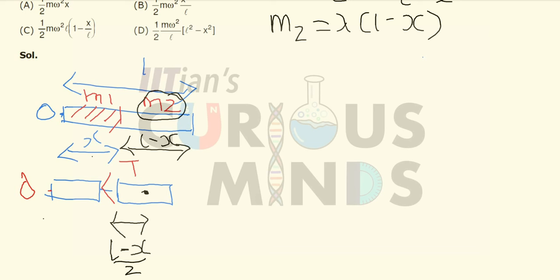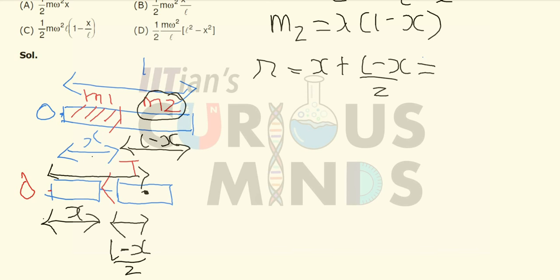And this distance is x, so the distance r from the center of rotation to the center of mass will be equal to x plus L minus x divided by 2. Basically it will come out to be L plus x divided by 2.